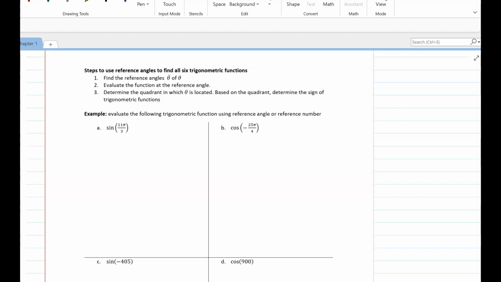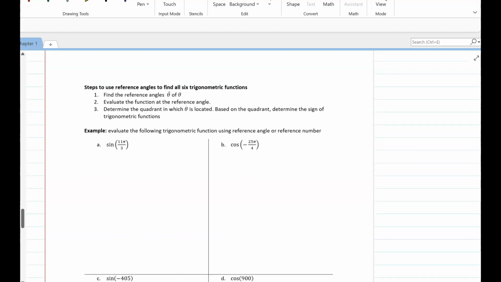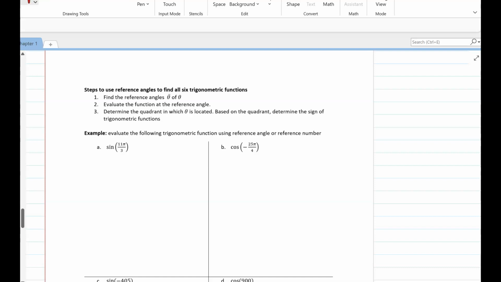Step 2. Use reference angle and reference number to find the value of the trigonometric function.